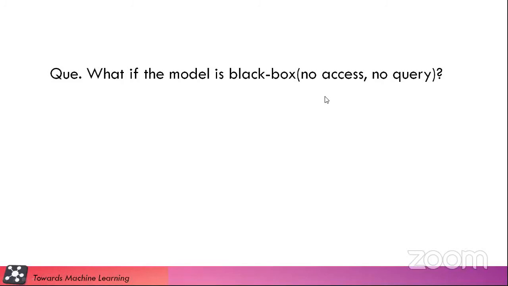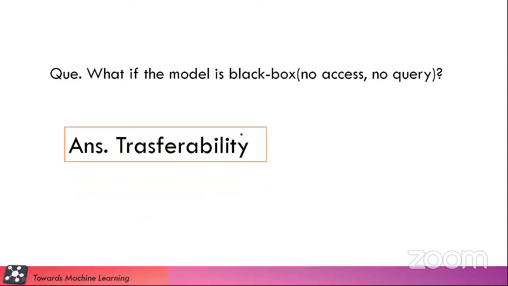So the thing that comes in is transferability. So what is transferability? Suppose I cannot query a network and I do not have access to its parameters, then what will I do? I will create my own network that will do the same task as the black box one.